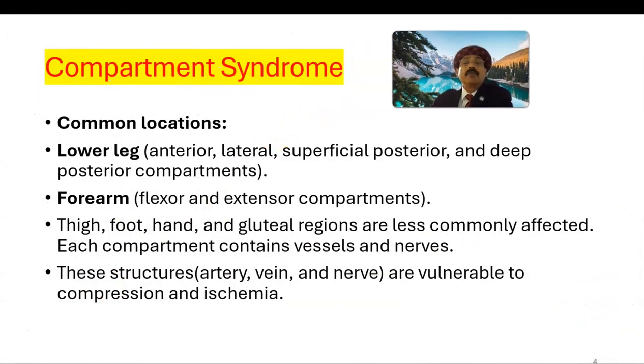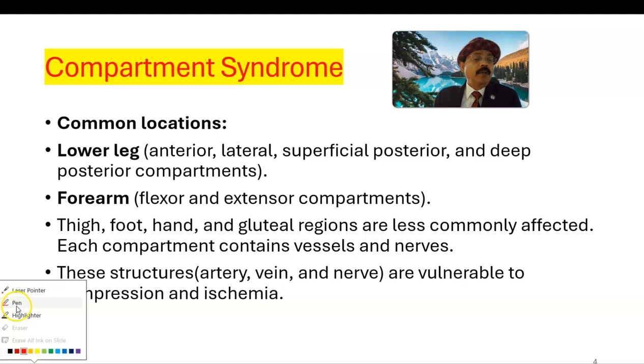Compartment syndrome common locations are the anterior, lateral, superficial posterior, and deep posterior compartments of the leg. It may occur in the upper leg or lower leg, anywhere in the leg.